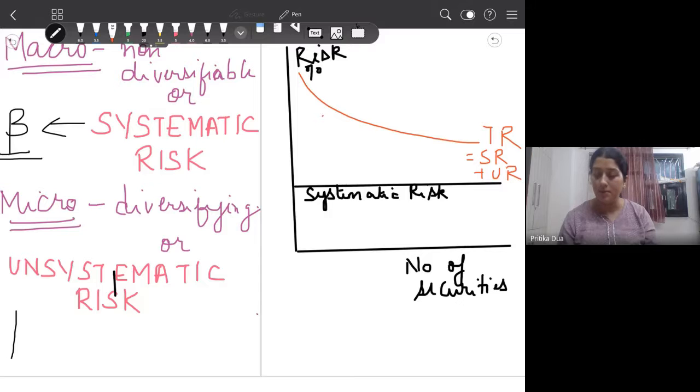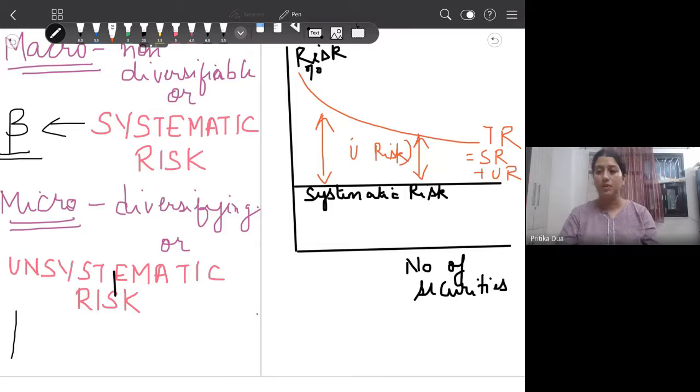So this difference you are seeing is nothing but the unsystematic risk of the investment, and as you see, this is falling with the increase in the number of securities. So, with increased diversification, the total risk of your investment will fall. This is how we show the relationship between risk and diversification.